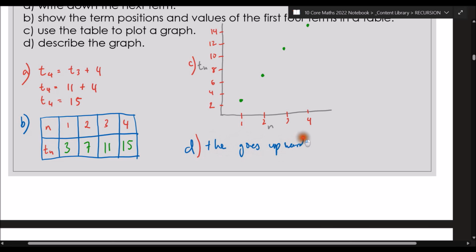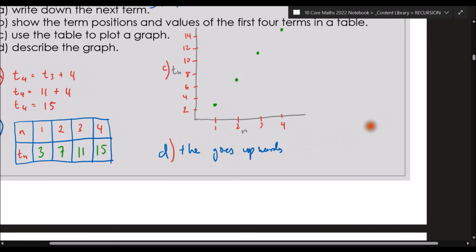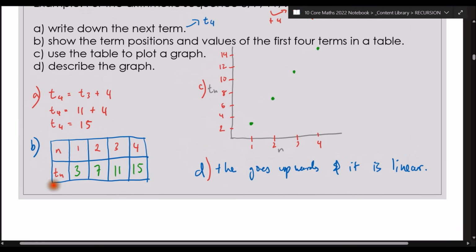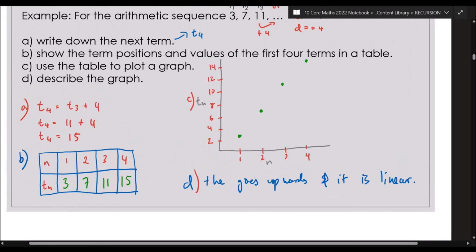Tell me which direction it's going. So it's going upwards and it is linear. Okay, and that will suffice as a description for the graph.